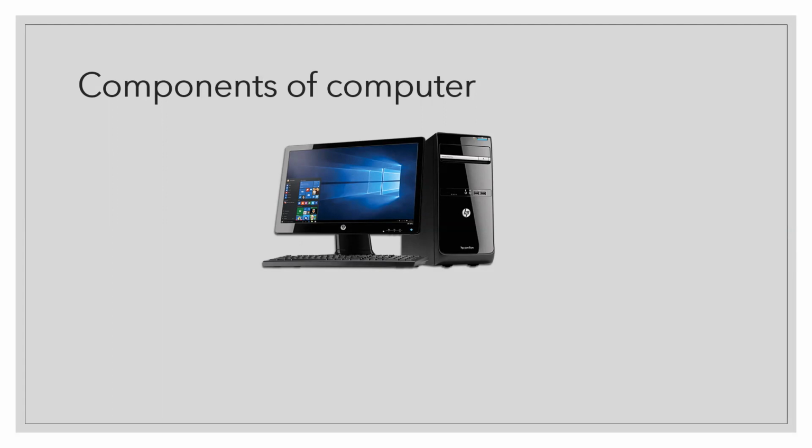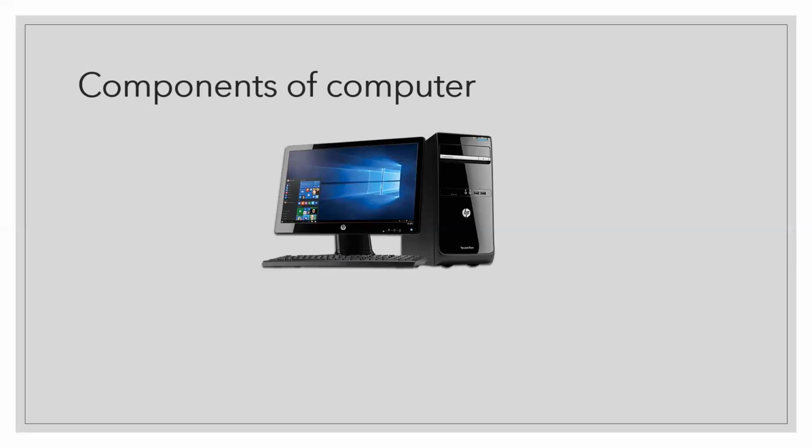Hardware is the physical part of a computer that makes up a computer, that we can touch and we can see, like keyboard, monitor, CPU, casing. These are hardware.